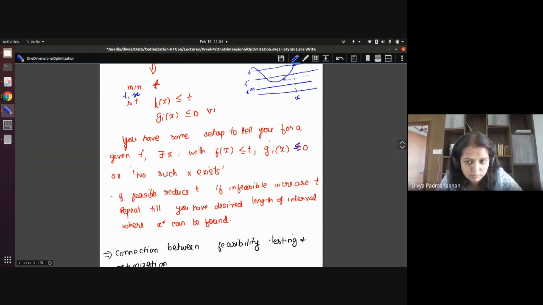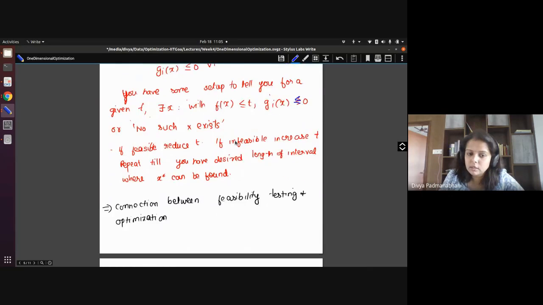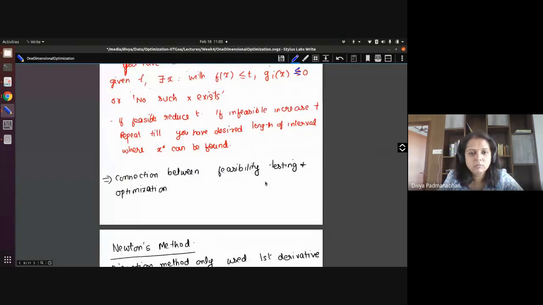There are deep connections in terms of complexity. If there is an easy way to do the feasibility problem, then usually even the optimization problem can be done easily. There's this huge connection between feasibility and optimization, which you'll probably see later on in the course. So that's about the bisection method.